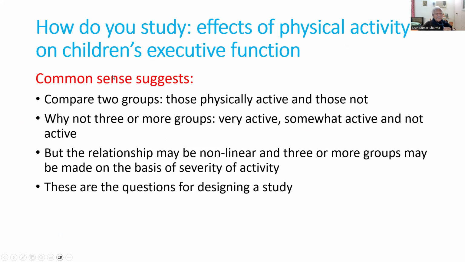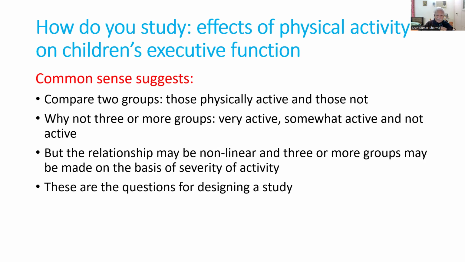Now, common sense suggests that compare two groups, those who are physically active and those who are not physically active. But why not three groups? These are the questions of research design. Why not three groups? Very active, somewhat active, and not active at all. That also can be done. That is another kind of research design.